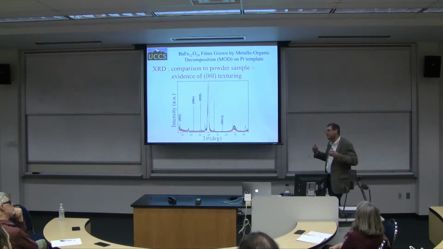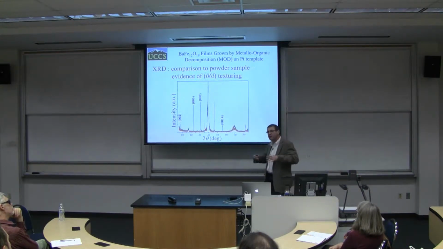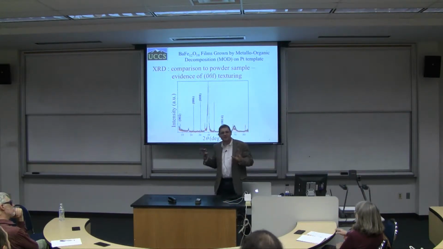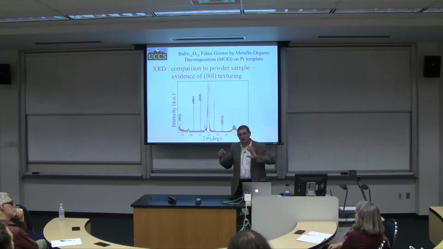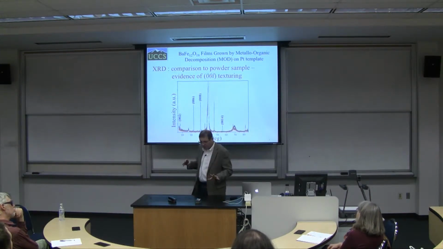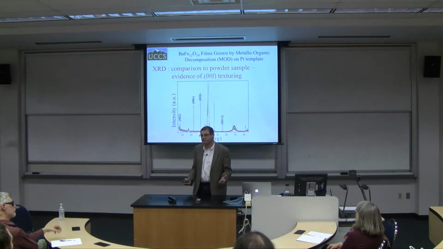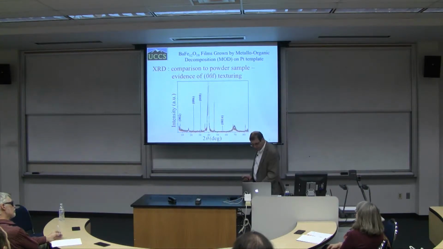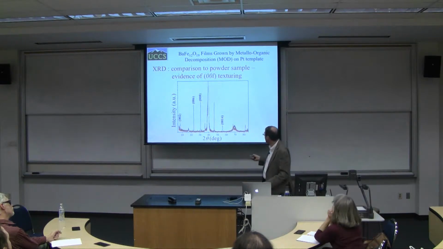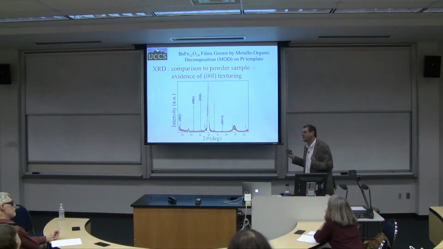In other words, what I'm trying to tell you is that I'm forming a film. At this moment, I'm not saying whether it's polycrystalline or not, in which all the material is oriented in one direction. Yes? And therefore, from these measurements, I can only determine the C lattice constant.